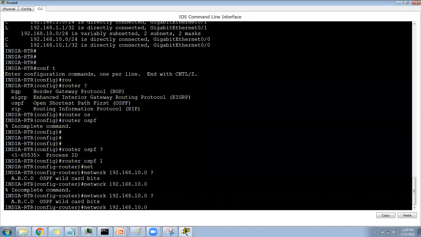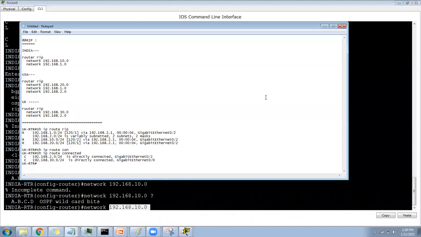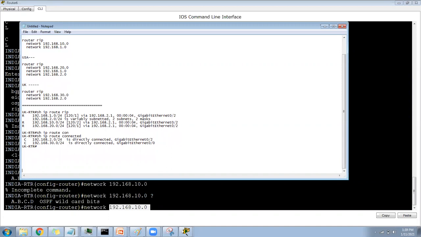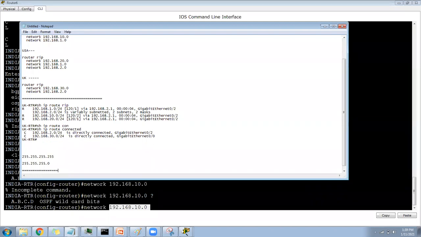So like this is a class 24, right? The wildcard mask will be something like this. Let's say for class C, 255.255.255.0 is your subnet mask, right? So 255.255.255.255, the broadcast, minus the subnet mask is equal to the wildcard mask.